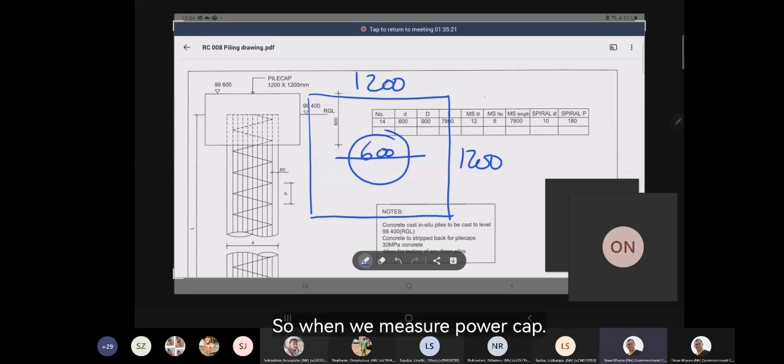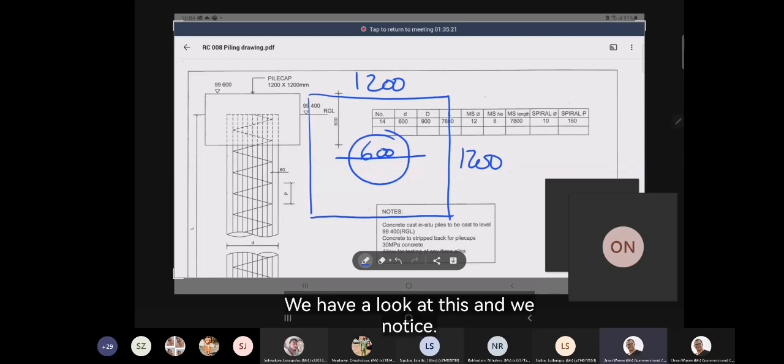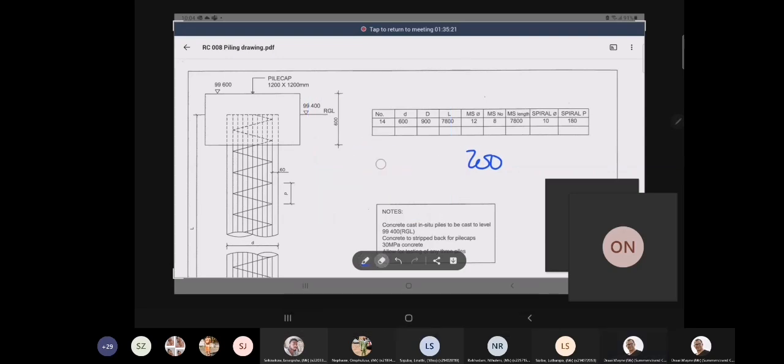So when we measure our pile cap, we have a look at this and we notice that is my reduced ground level. Okay? So I've already excavated in open face to that level.